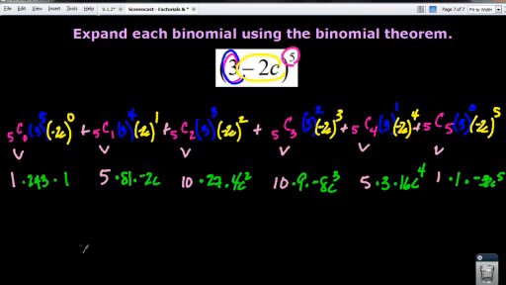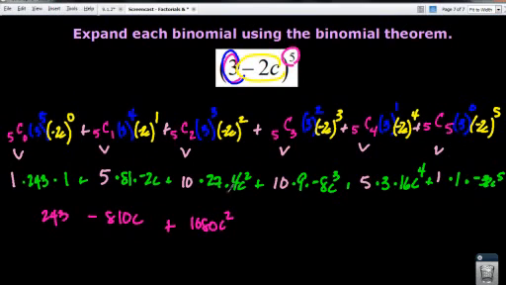Okay, so let's go ahead and put plus signs in. Alright, so we end up with 243, what is this, minus 810c. Plus, I think that's correct.